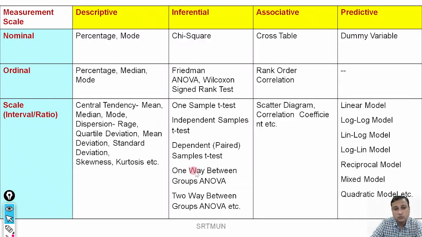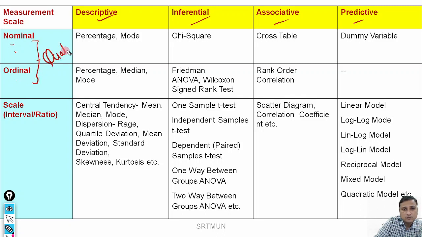Now let me take you to the summary slide. So here is the summary of this lecture. Here are the statistical techniques: descriptive technique or inferential statistics, associative and predictive statistics. Here are the measurement of scale: nominal and ordinal. They both come in the qualitative type of data, and scale comes in quantitative data or numerical data.